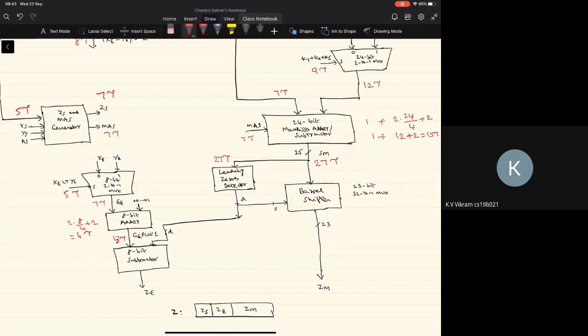Actually, that can be a little bit involved to analyze the delay of the circuit. But assuming that we can implement it as a 2-level logic gate circuit, we take the delay of this leading zeros detector as only 2 tau. That will indicate that this output is available at 29 tau.